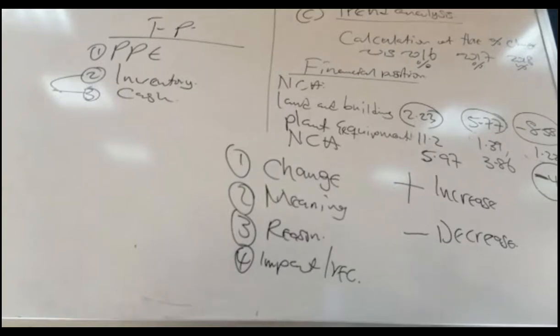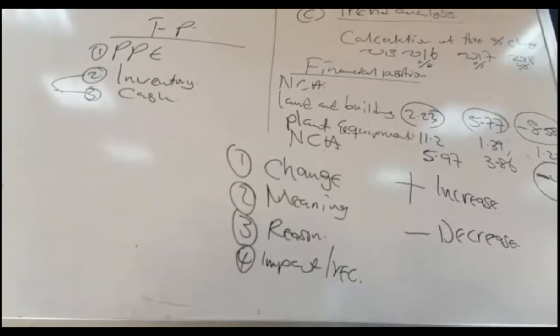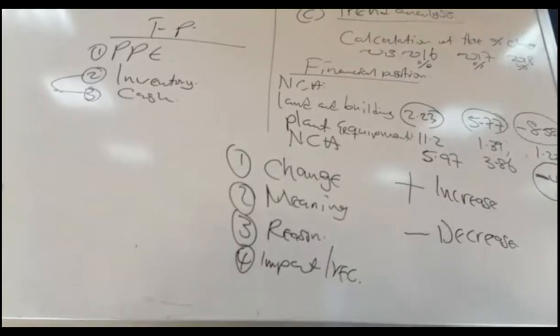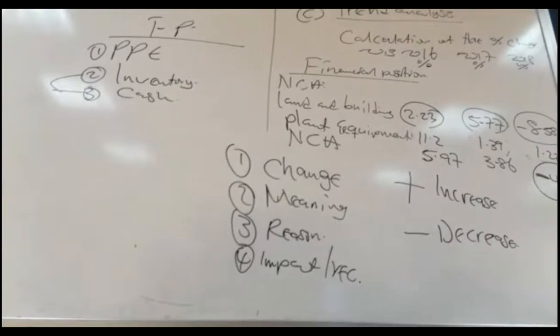I repeat, if the examiner says use trend analysis, we don't need ratio. But if they don't tell you which one to use, then you have to use ratio analysis. Basically, that is it. Okay, so we are done with trend analysis.